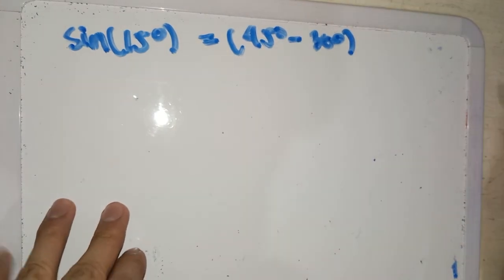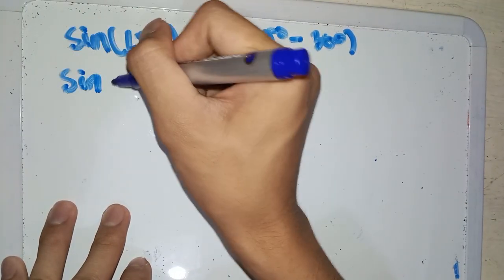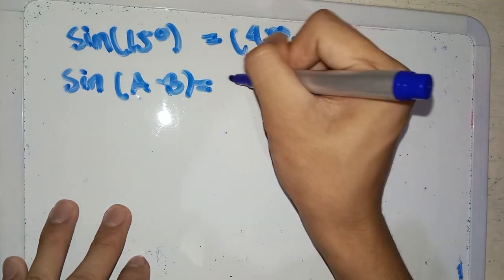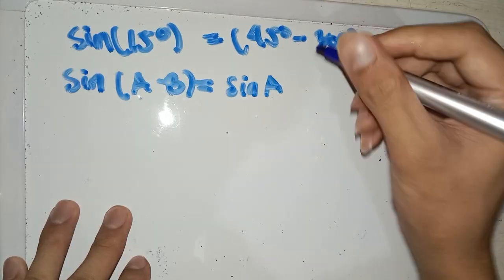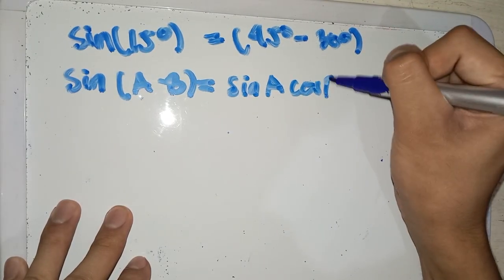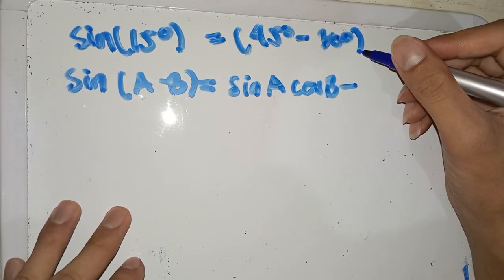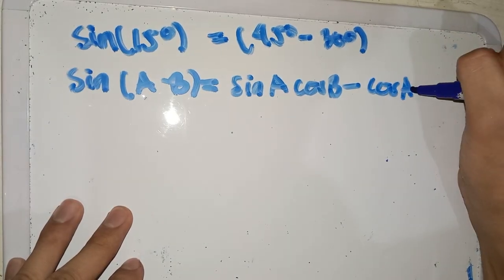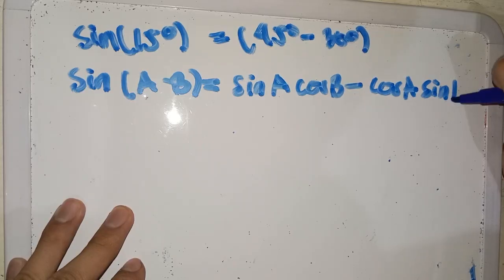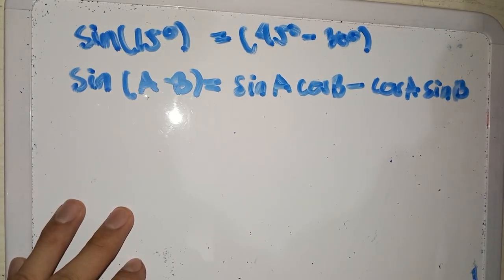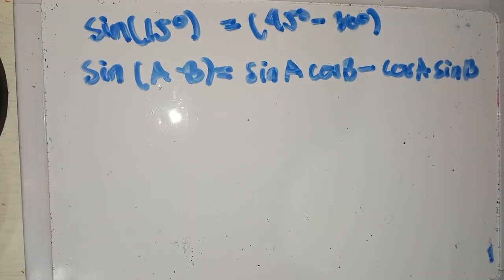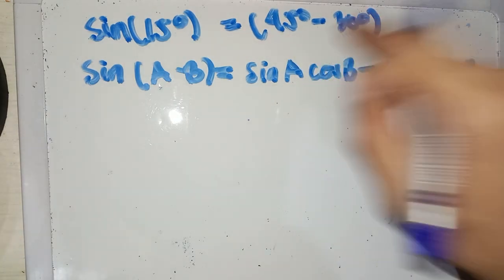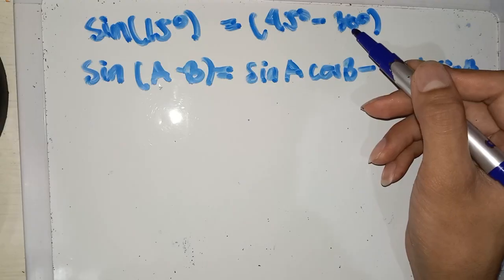Now, using the identity, sine A minus B is equal to sine A cosine B minus cosine A sine B. Now, we need to substitute. Sine A is 45 degrees and cosine B is 30 degrees.